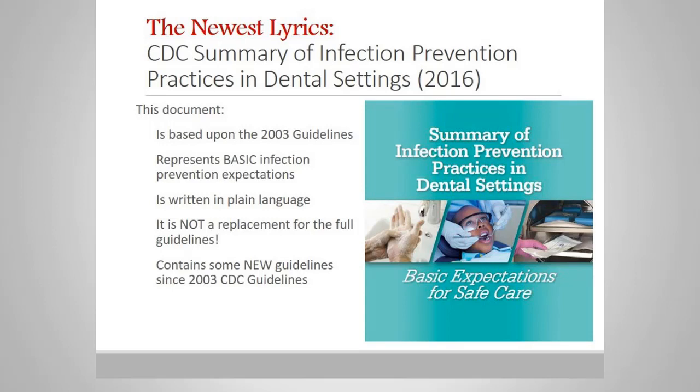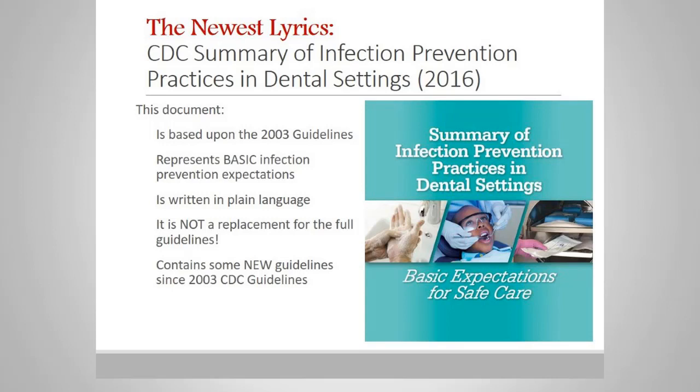The document is based on the 2003 guidelines. It represents basic information, and it is written in plain language, i.e. there's not a lot of scientific jargon, and it is not difficult to read at all. Keep in mind this is not a replacement for the full guidelines. There are some new guidelines since the 2003 publication of the initial guidelines.